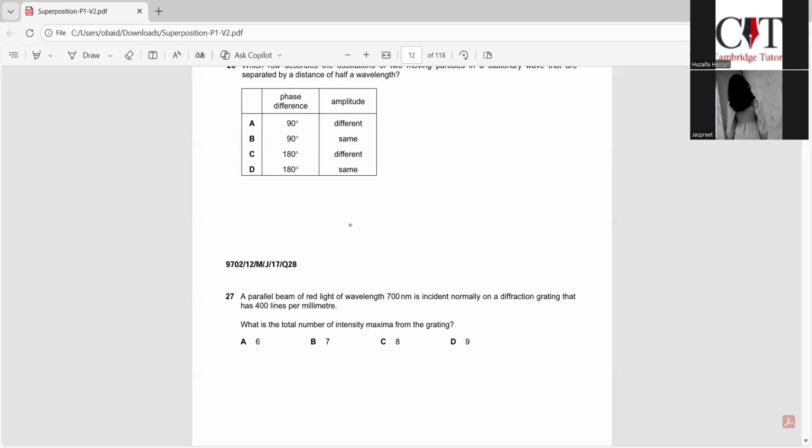So keep one thing in your mind: whenever they say total number of maxima or maximum number of maxima, the angle you would be taking is 90. Why?